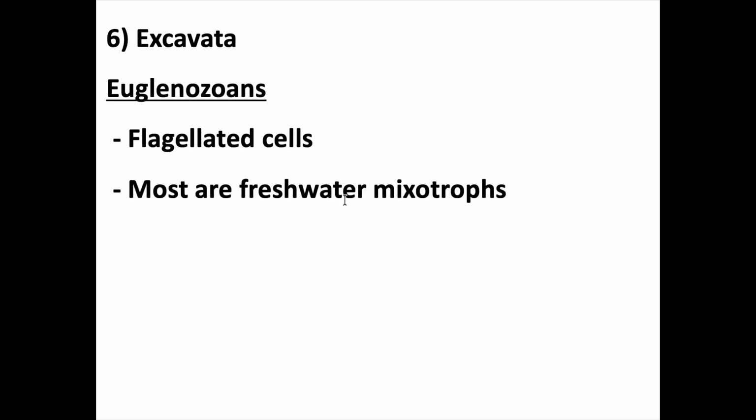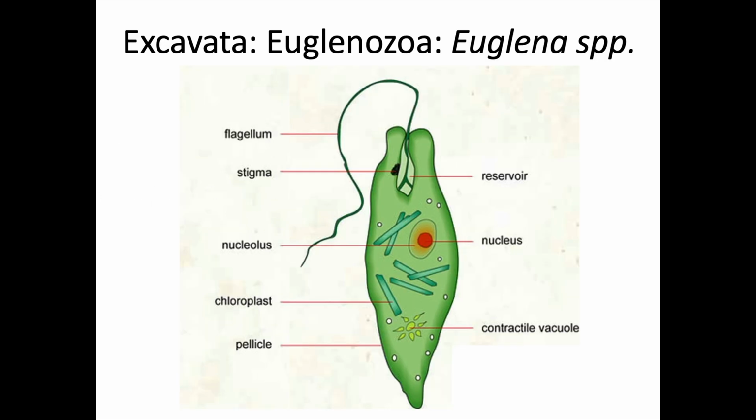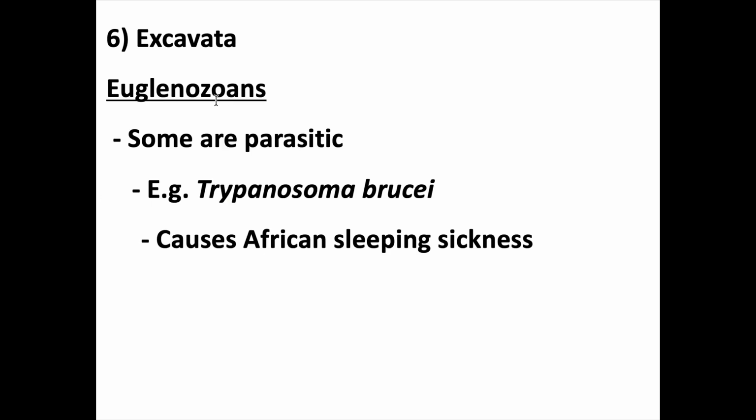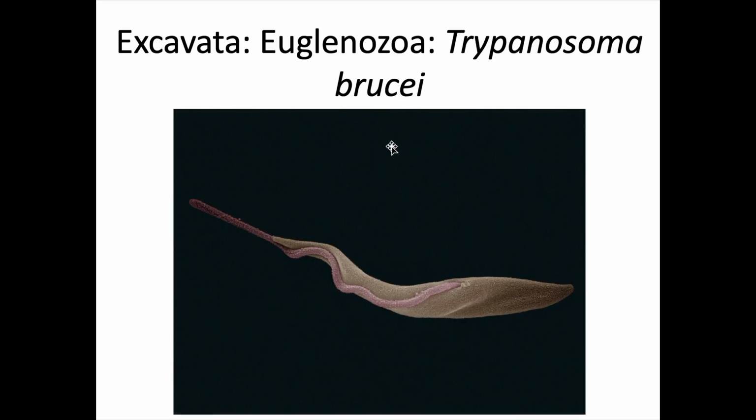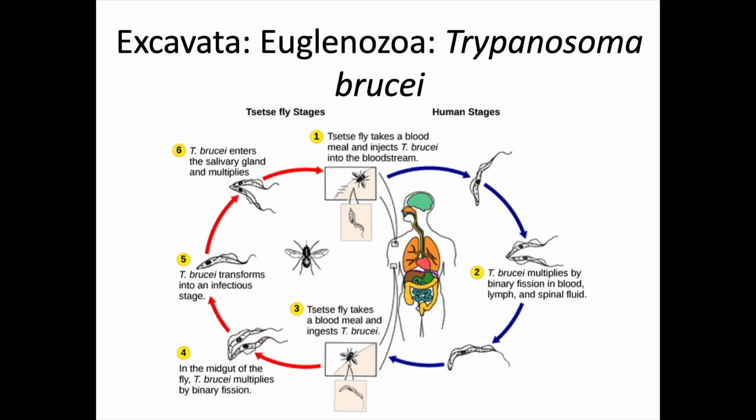These are probably the most typical ones, swimming around in the fresh water, doing that stuff, but there are also parasites within this group of euglenozoans, notably one called Trypanosoma brucei, which is responsible for African sleeping sickness. So here's Trypanosoma brucei, not much to look at, lean, mean, single-celled organism, and when I was talking about protists in general, it's not just apicomplexans that have complex life cycles.